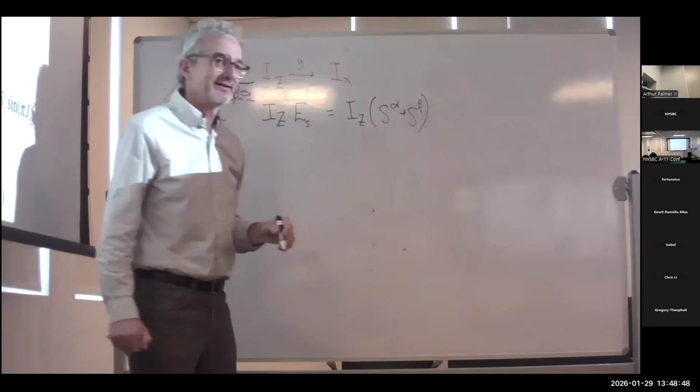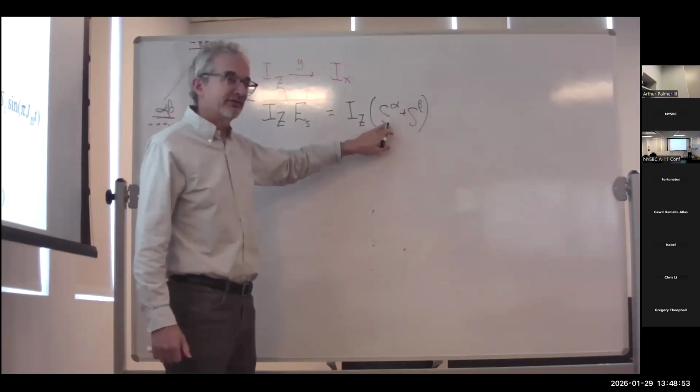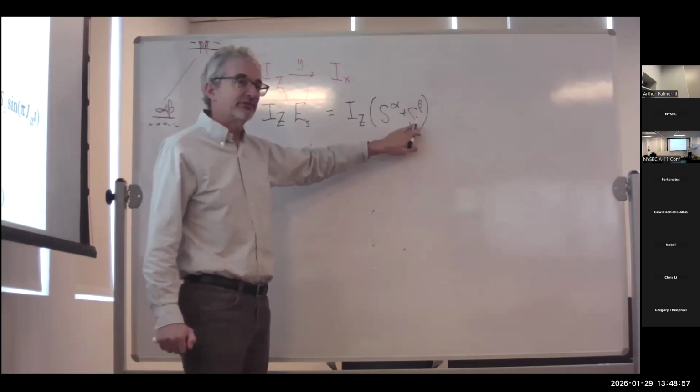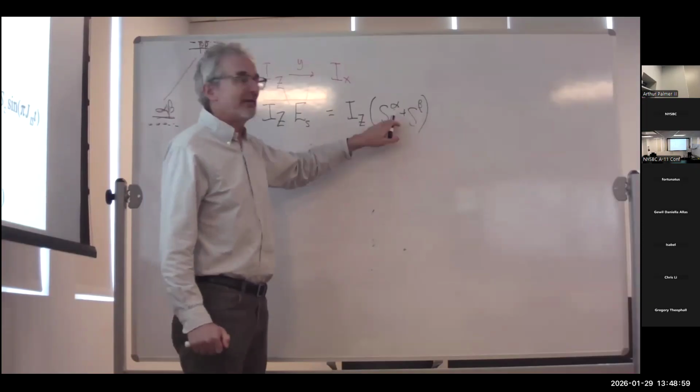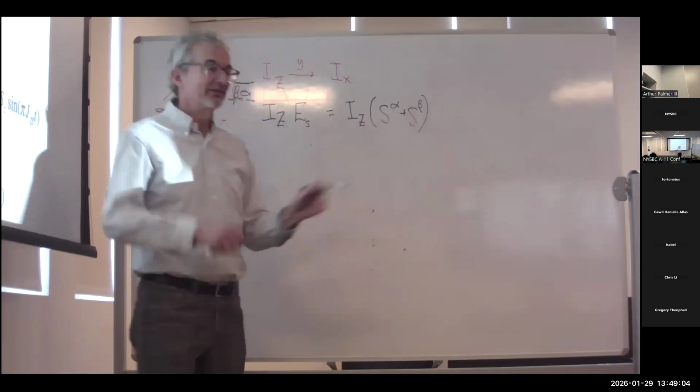I have an operator that represents the alpha state of the S spin and an operator that represents the beta state of the S spin. And the sum has to be equal to unity. It has to be the identity because the spins are either in the alpha state or the beta state.